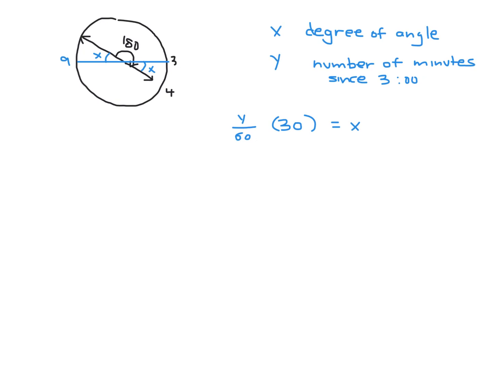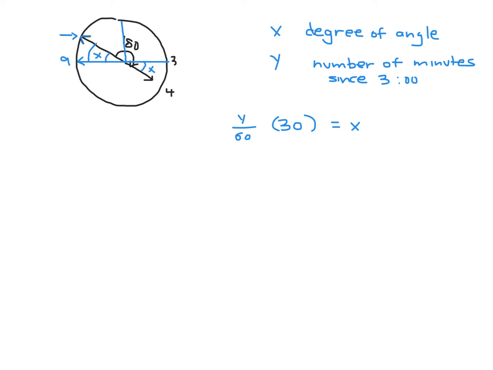Now we have to use the second equation, concentrating on this side over here. This is a little bit trickier. When the minute hand is pointing at 9, you've gone 45 minutes. We've gone a little bit more than 45 minutes because we've gone to this point now.